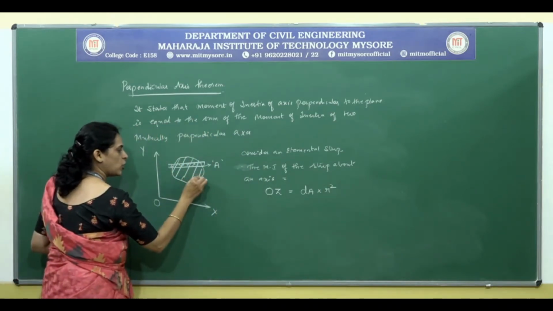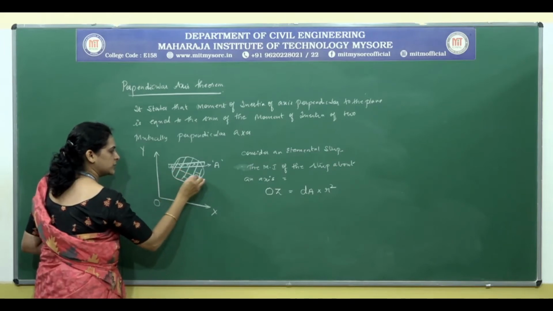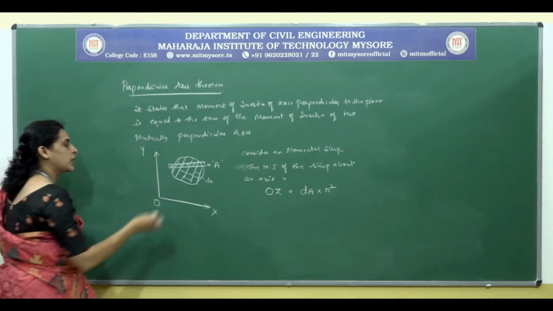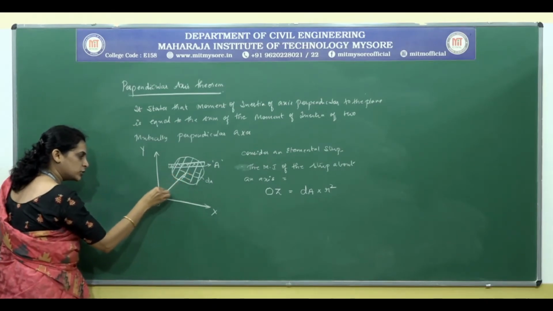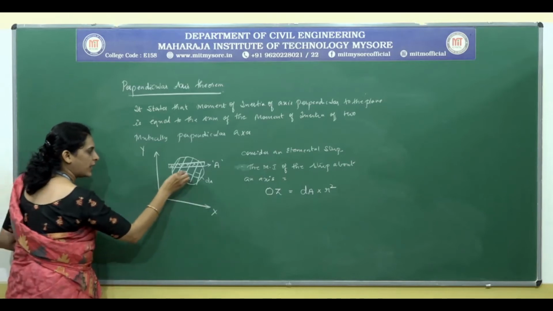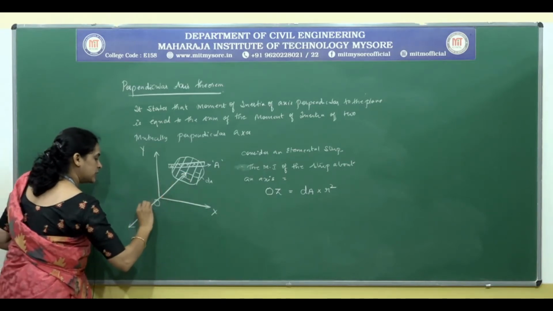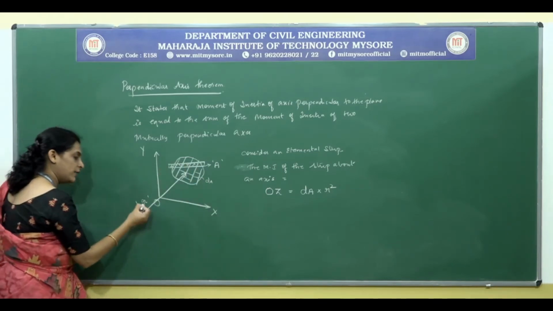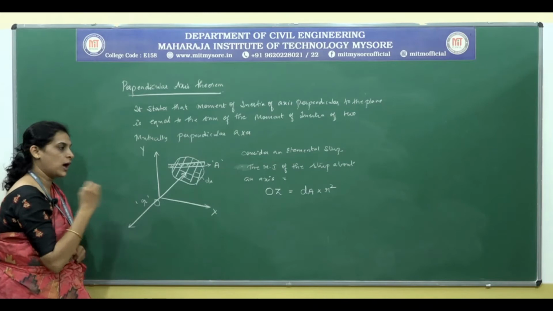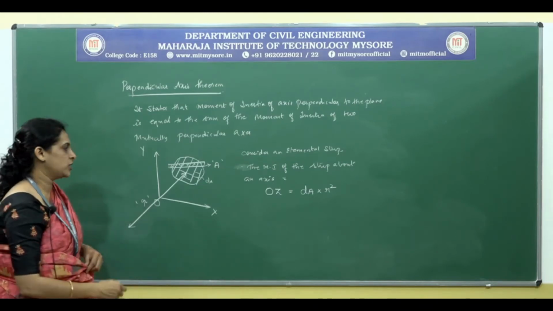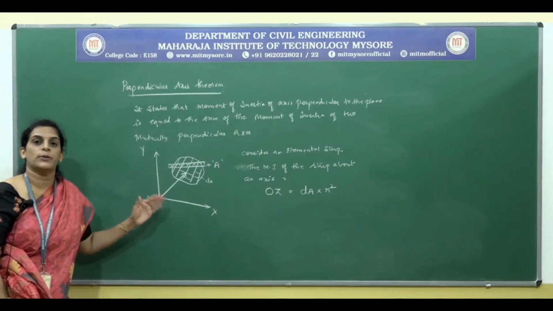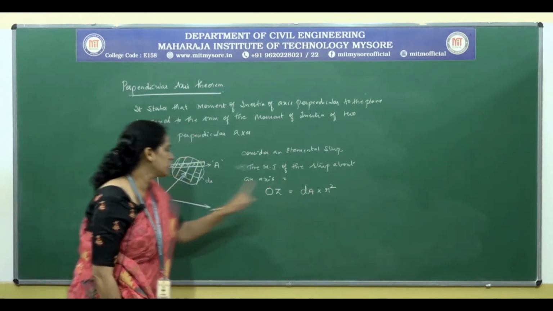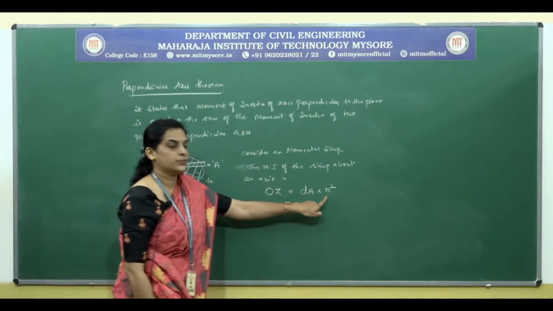So, these are all the small areas represented by dA. As we have understood that we have an axis that is perpendicular to the plane and we have named that as small r. So, as per the definition of the second moment of area, we consider the area into the square of the distance.